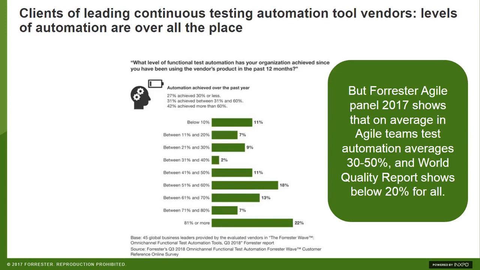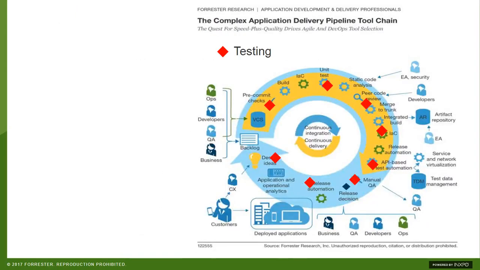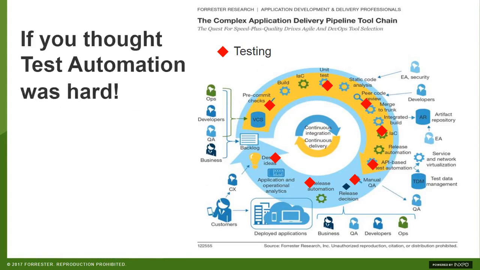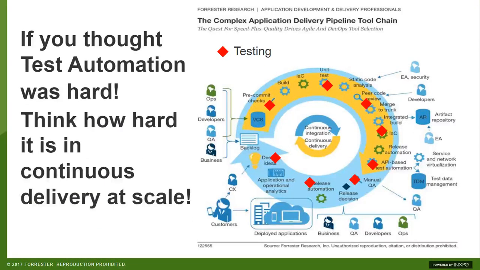The point is, we still are struggling in automating testing more. And if you think about automation being something hard, then you probably will get even more depressed when you look at how hard it is in testing and automating in a continuous delivery and at scale.